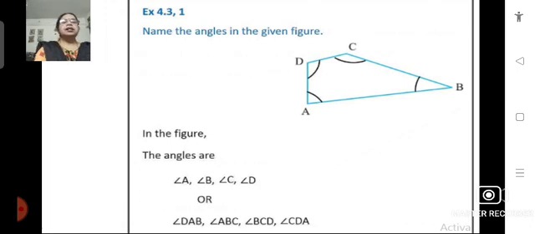Now next question is, name the angles in the given figure. Here we have a figure and we have to name the angles.